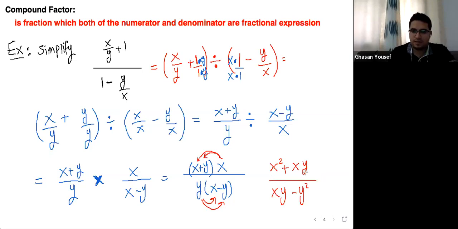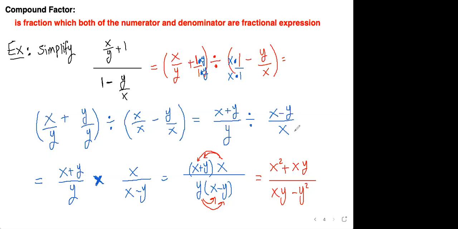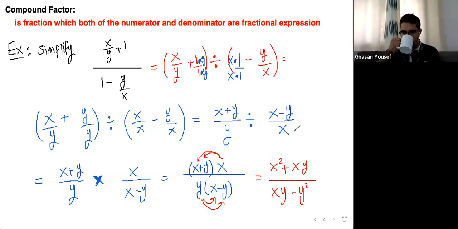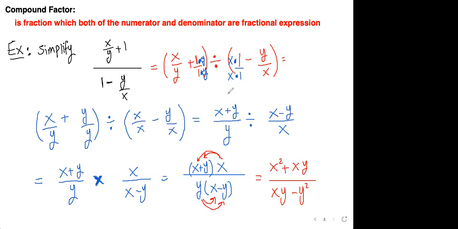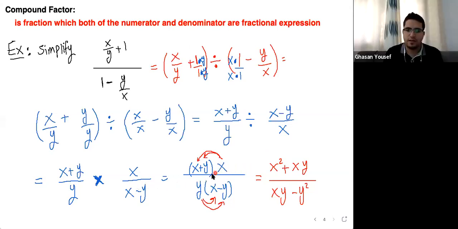Any question for this example? Can you cross out both xy's, because you have one in the numerator and one in the denominator? Can we simplify further? No, we cannot.